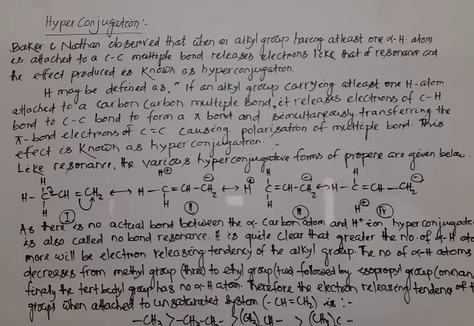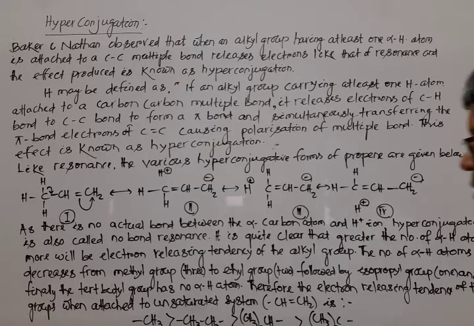Hence it may be defined as: if an alkyl group carrying at least 1 alpha hydrogen atom is attached to a carbon-carbon multiple bond, it will donate the electrons of the carbon-hydrogen single bond to the carbon-carbon bond to form a pi bond, and simultaneously transfer the pi bond electrons of the carbon-carbon double bond, causing polarization of the multiple bond. This effect is also known as hyperconjugation.